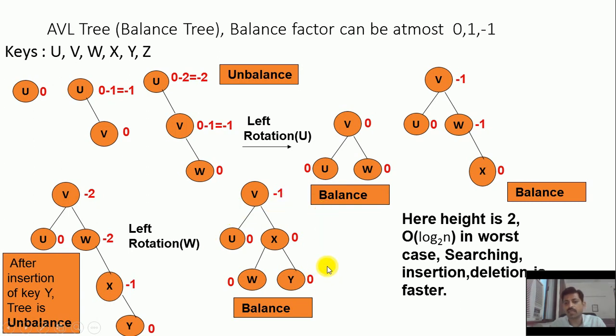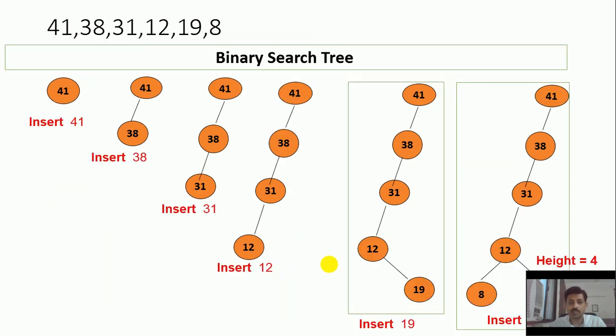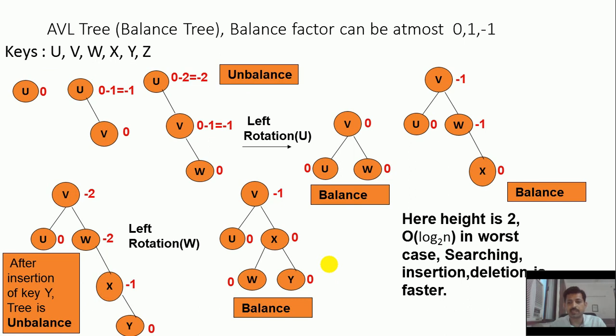Like this we have seen that there are 6 keys and we can store these 6 keys in order of log n base 2 times. Here the height is 2, so our operations will be faster. And if we store these keys in right skew binary tree fashion, then the height will be 5. So this is the advantage of the AVL tree.